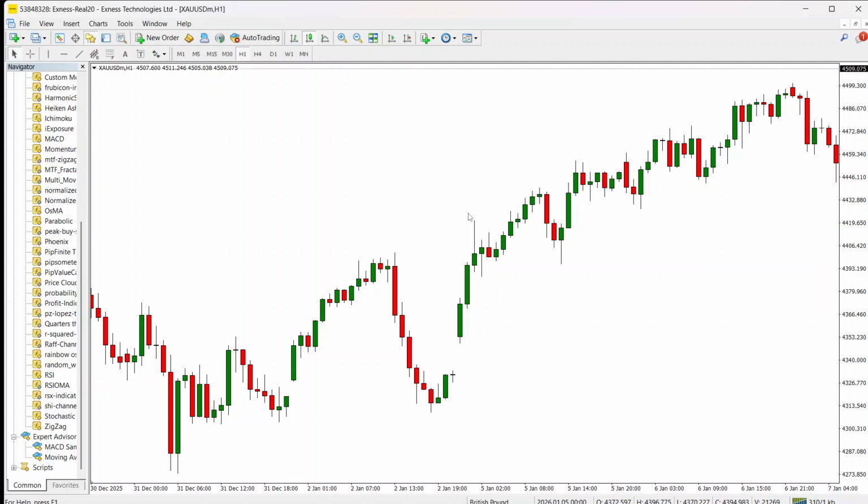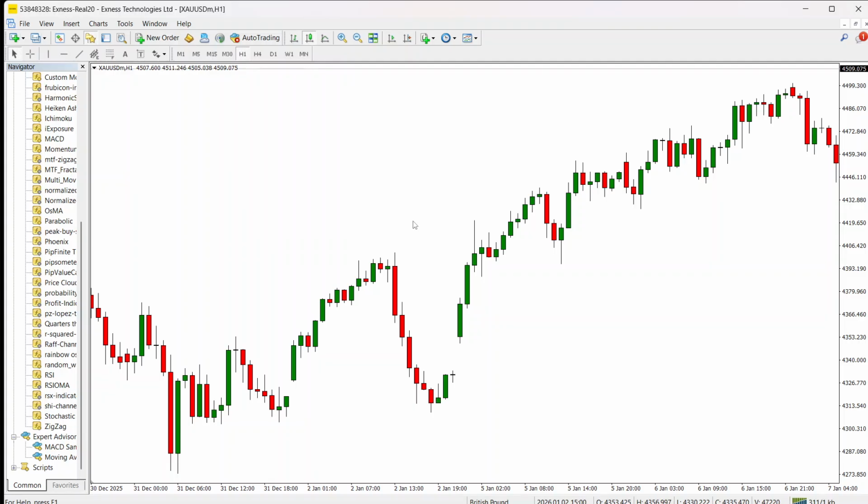The RSIOMA, which stands for Relative Strength Index of Moving Average, is a hybrid technical analysis tool that calculates RSI not directly from price but from a moving average of price.